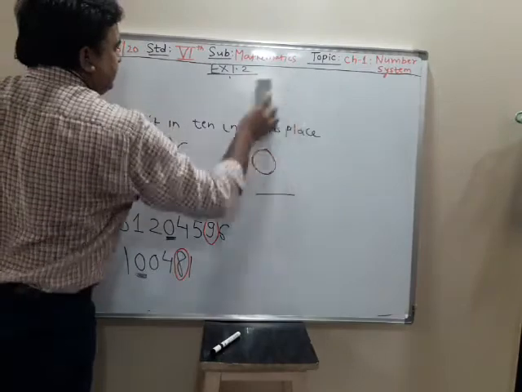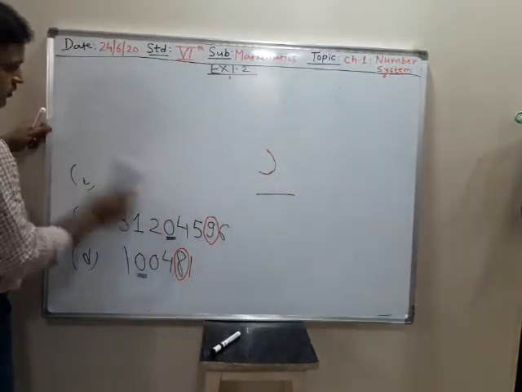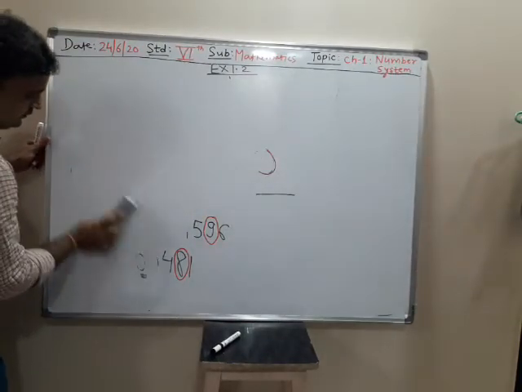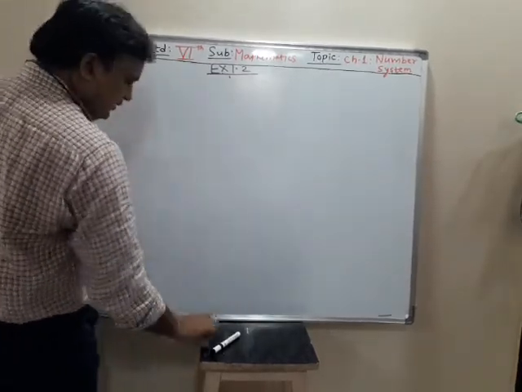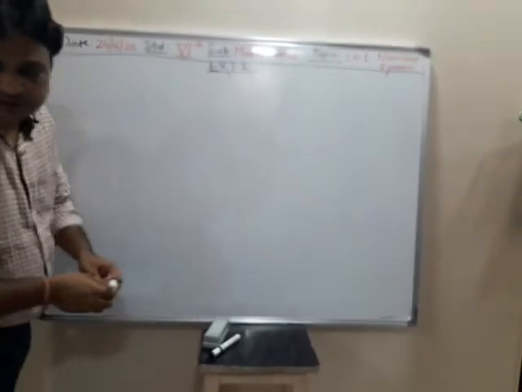Let us start question number 8. How many numbers are there in all having 3 digits? How many numbers are there?